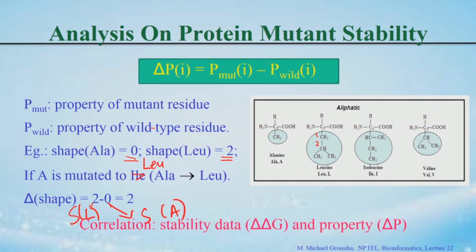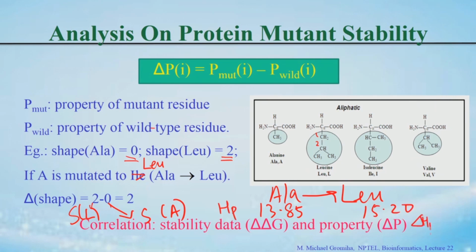For example, take hydrophobicity. For example, you convert this alanine to leucine. Alanine you can say 13.85, leucine is equal to 15.20. Then if you take the hydrophobicity, delta Hp is equal to Hp of leucine minus Hp of alanine.